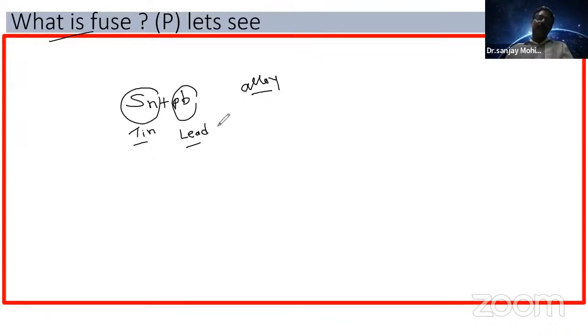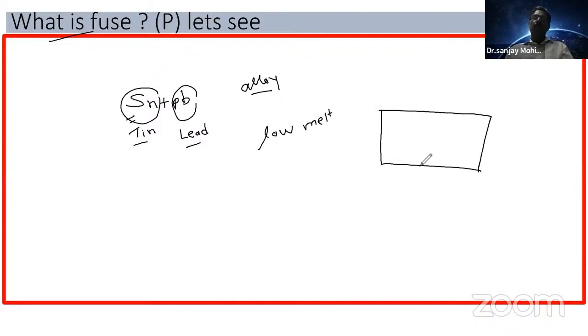So why tin and lead? Because it has a low melting point. Now why does the fuse have a low melting point? As we learn in the diagram or Joule's law, when current is passed through the circuit, heat is produced.